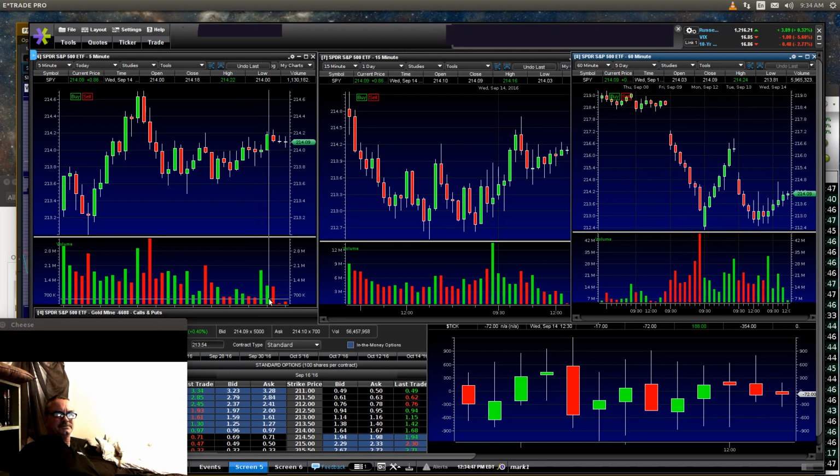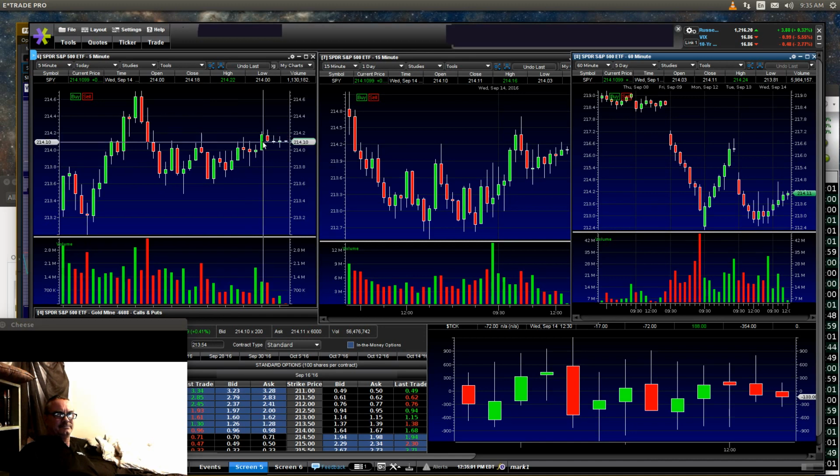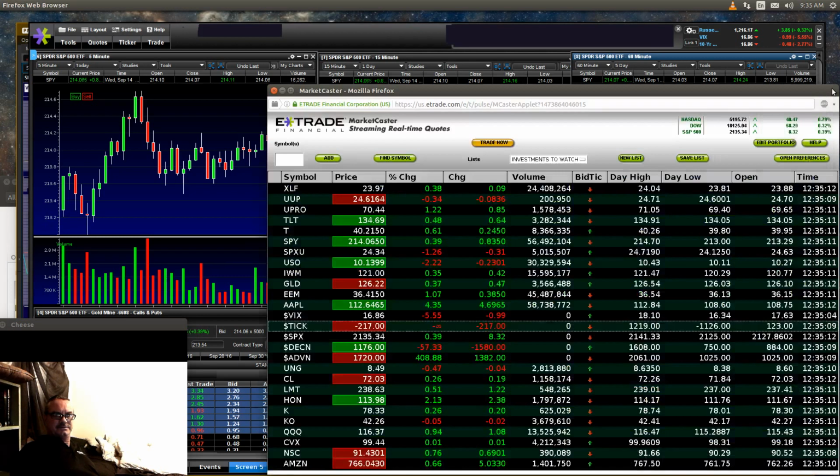In this little, this sent it upward and it declined, it petered out right here. Kind of a little bit higher than I was expecting, a lower high on the 5 minute. But this action has a fairly bullish kind of feel to it to me.